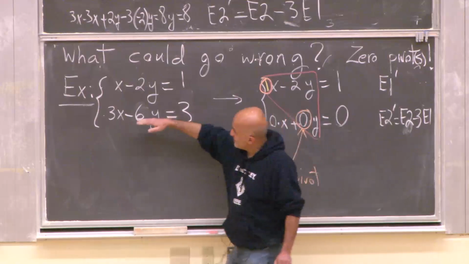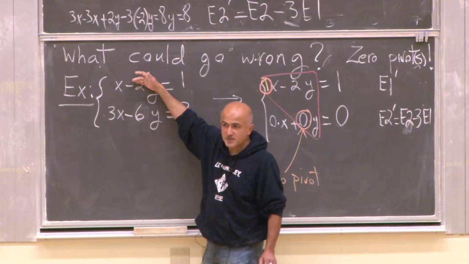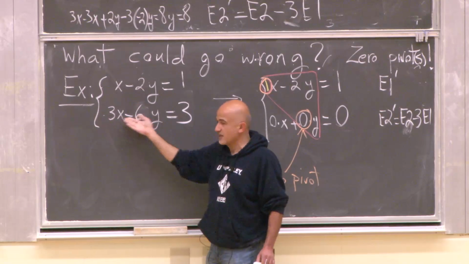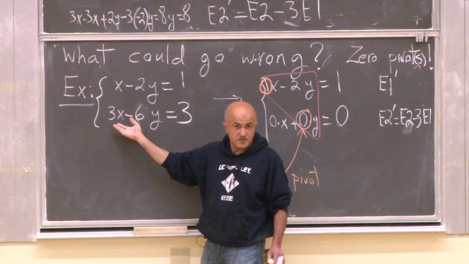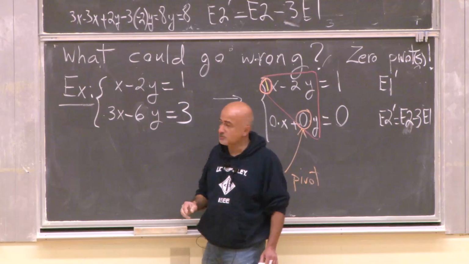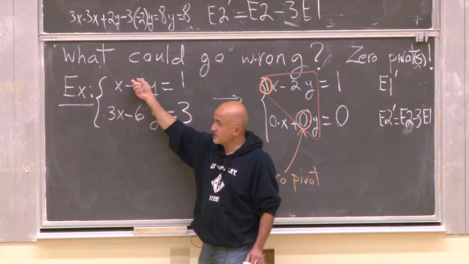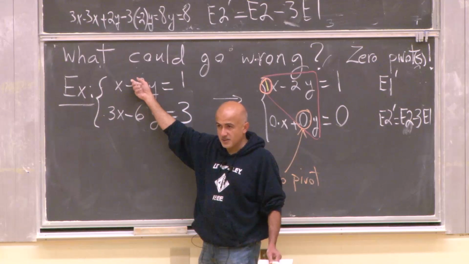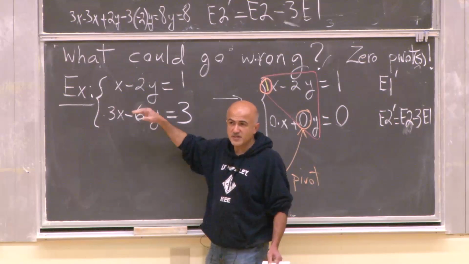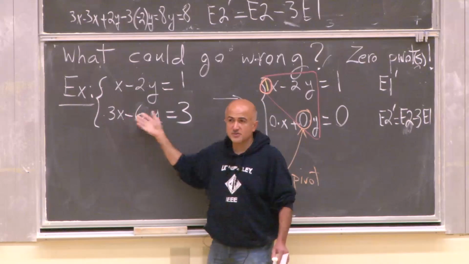And if you look at these two equations, the second equation is 3 times the first equation. So if the second equation had come from some kind of a measurement, just like in our tomography example, 2x2 case, if the second equation can be obtained from the first equation by simply a scalar multiplication, or if we had more equations, by some linear combination of the other equations, then it's not giving us any additional information.